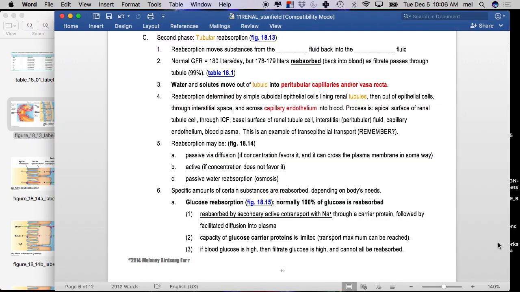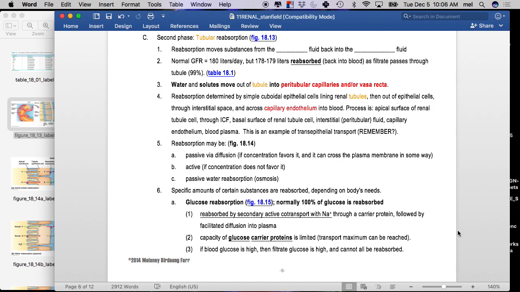Yeah? Okay, so the last thing that we talked about last time is how do you move things? Well, we go back to the predictor that we had at the beginning of the semester: the cheapest, fastest way you can possibly move it, right? You wouldn't do active transport if passive would work. You wouldn't do primary active transport if secondary would work.